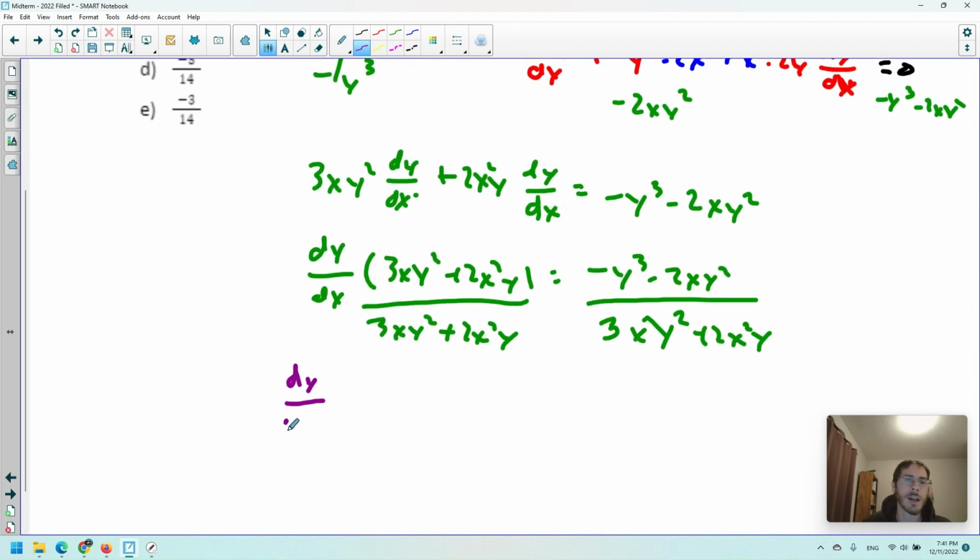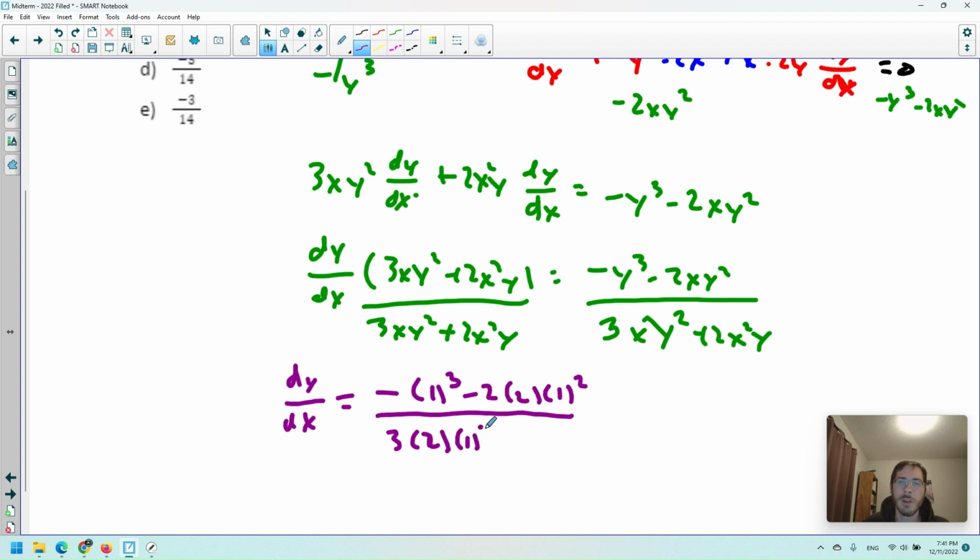So dy dx is equal to negative 1 cubed minus 2 times 1 squared over 3 times 2 times 1 squared plus 2 times 2 squared times 1. So this is negative 1 minus 4 over 3 times 2, which is going to be 6.